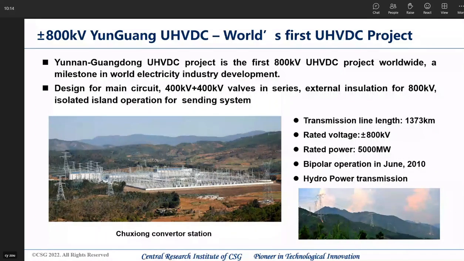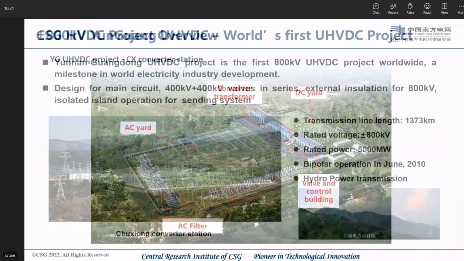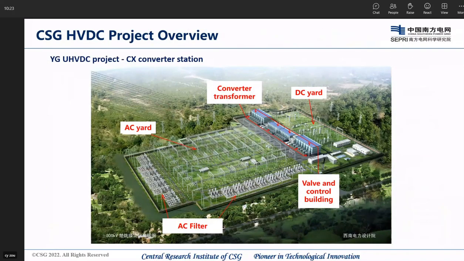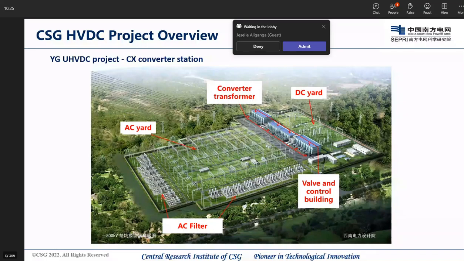This system was put into operation in 2010. This is the footprint of the Yunguang UHVDC project. You can see there are 4 valve halls as in the other picture, but placed in a different model.